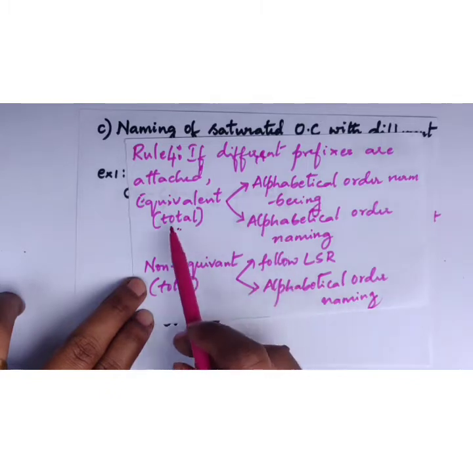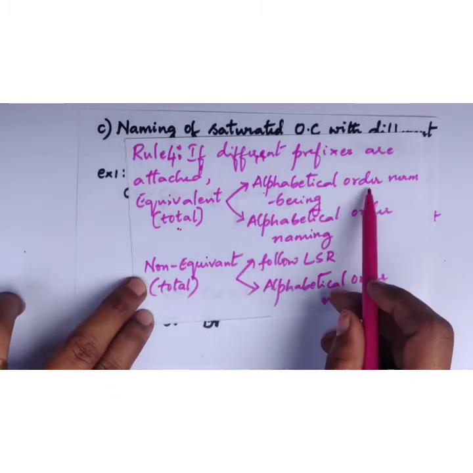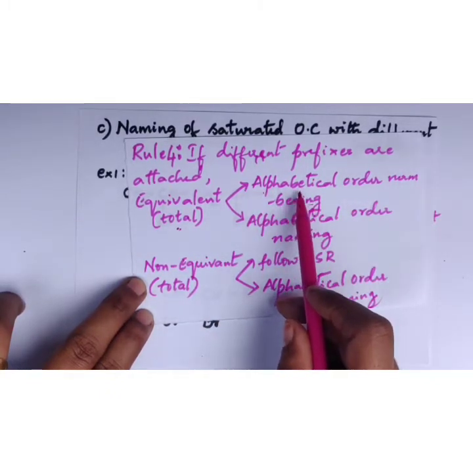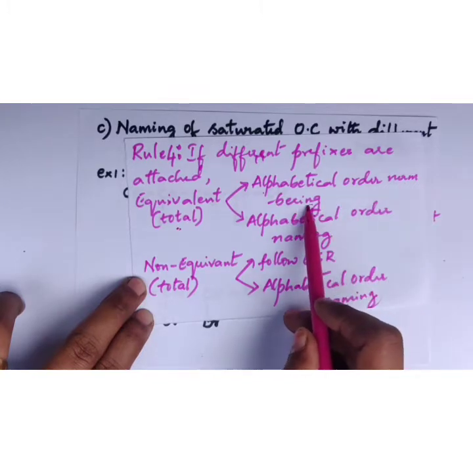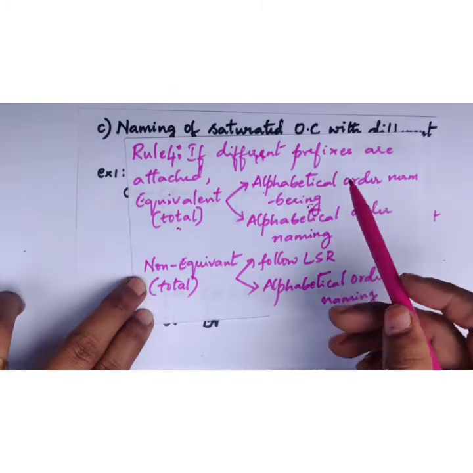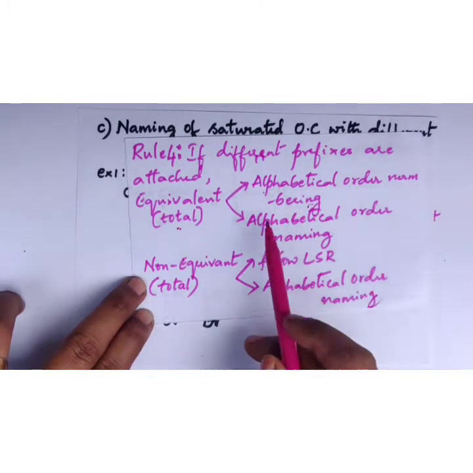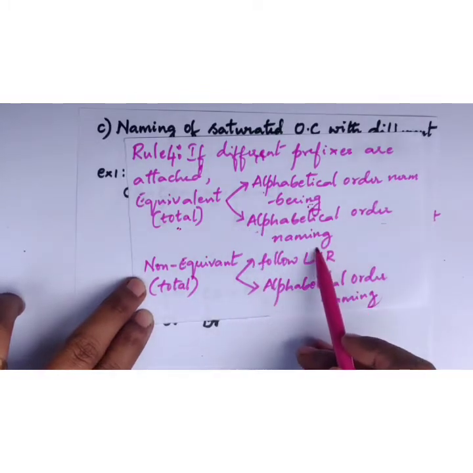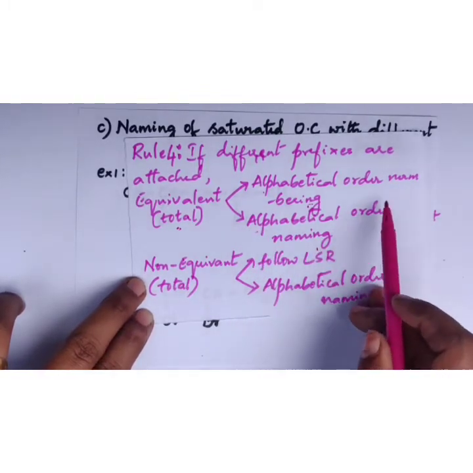The first thing, alphabetical order numbering. You have to number it according to the alphabetical order. That is chloro and bromo, if it comes, bromo gets the first preference. Alphabetical order naming.